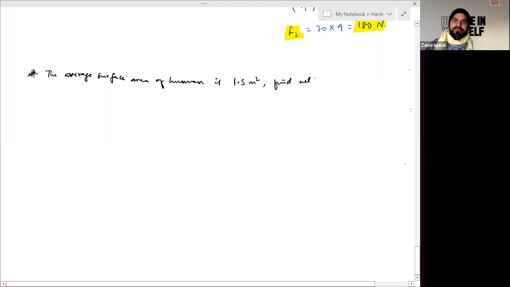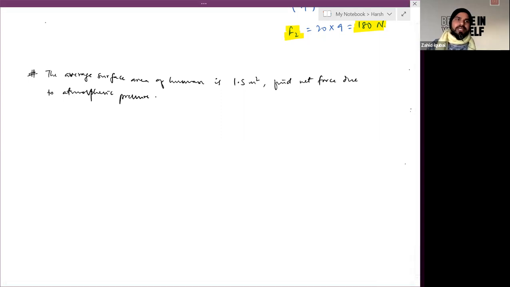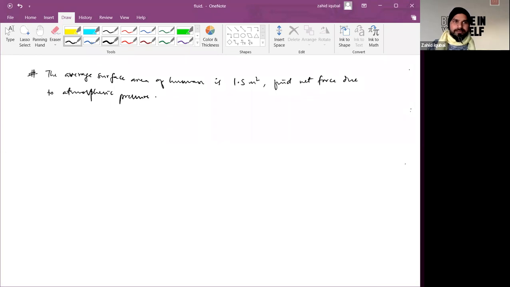Find the net force due to atmospheric pressure. So we have to calculate the net force due to atmospheric pressure on the human body.